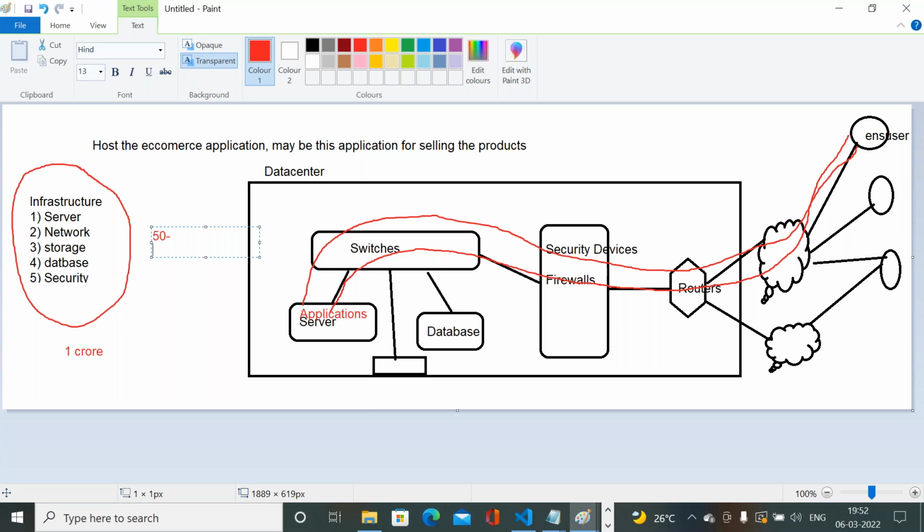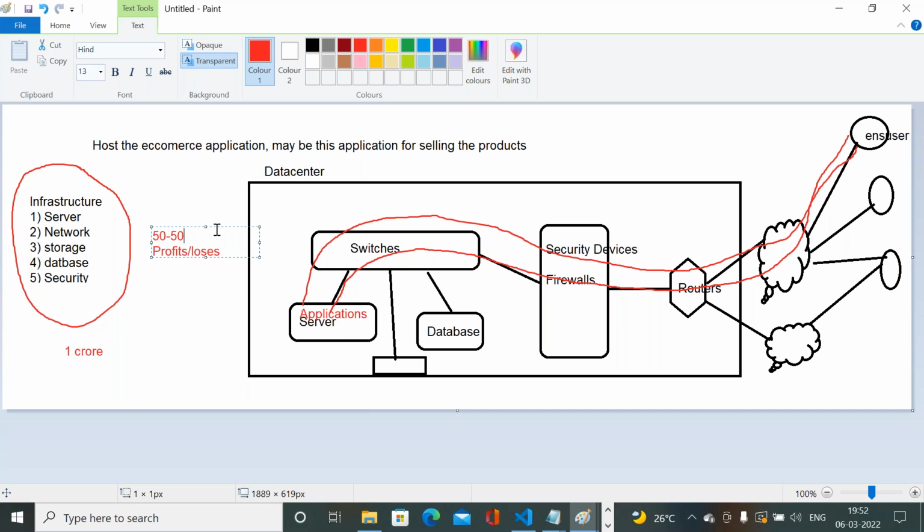Maybe he'll get profits or losses. This is because this is business. Business means we can't predict whether he'll get a loss or profit. Everyone will work for profit, but since he took a loan from the bank in order to build the infrastructure, this is a headache for him.